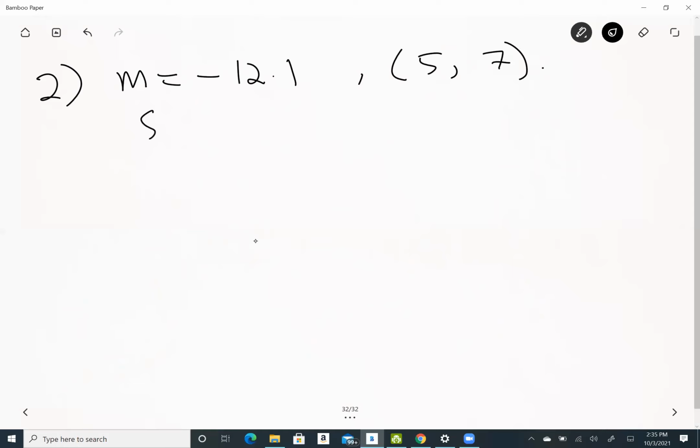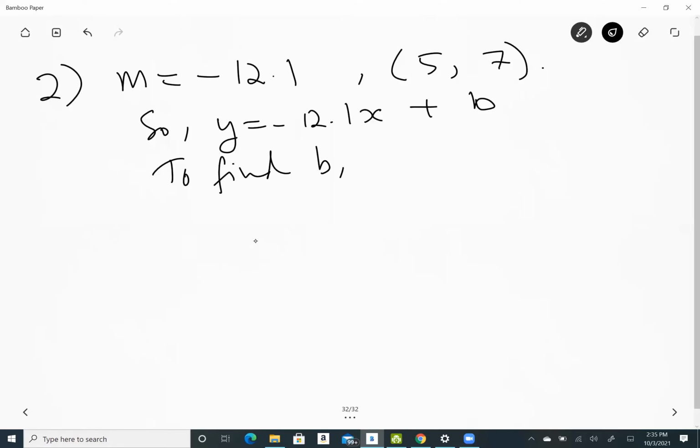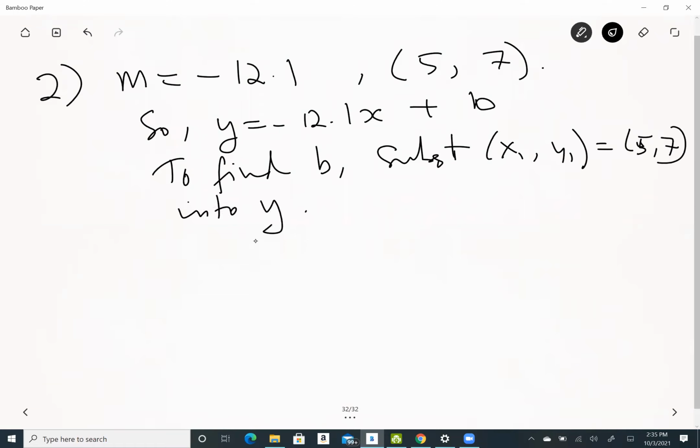So you get y equal to negative 12.1x plus b. To find b, what do we do? We substitute that point. So we call that point x1, y1, equal to 5, 7, into y. Okay, so do it now. What do you get?